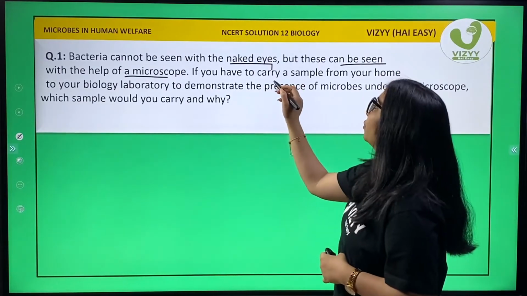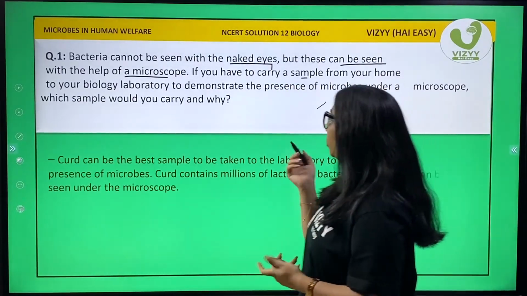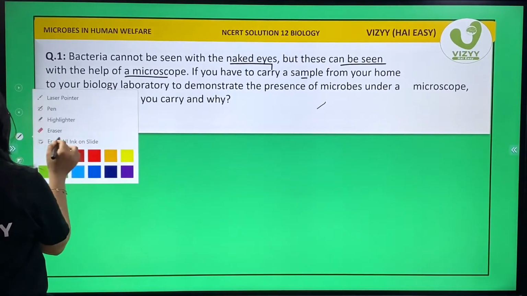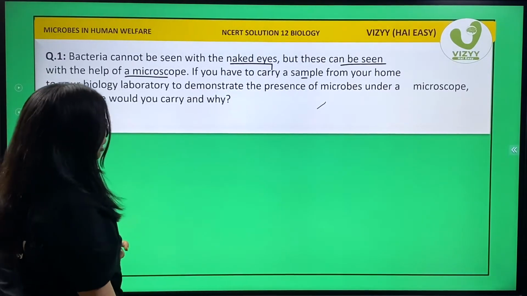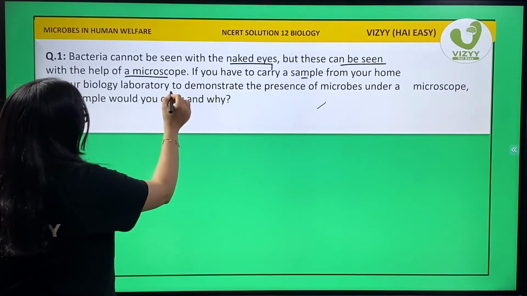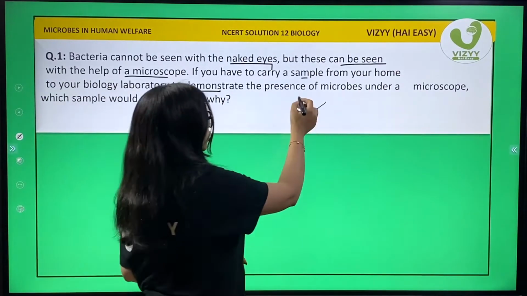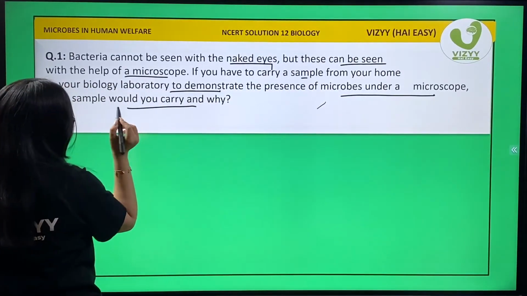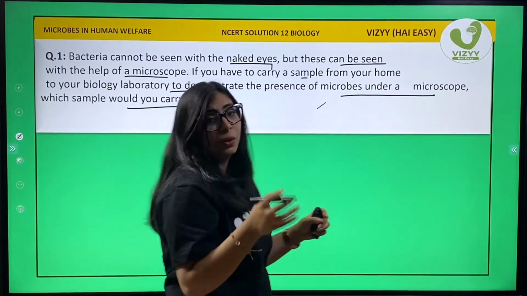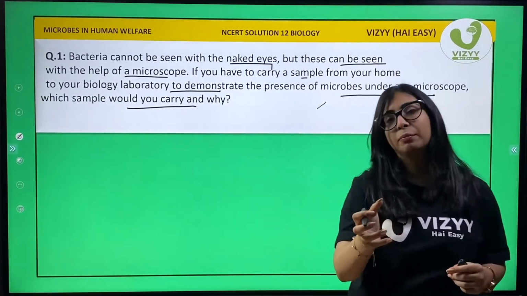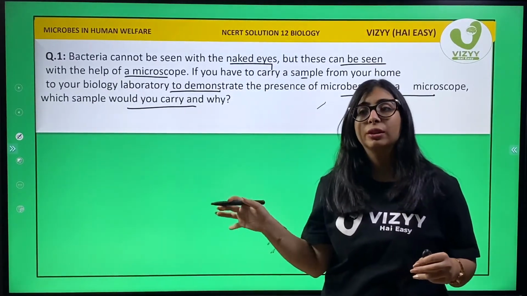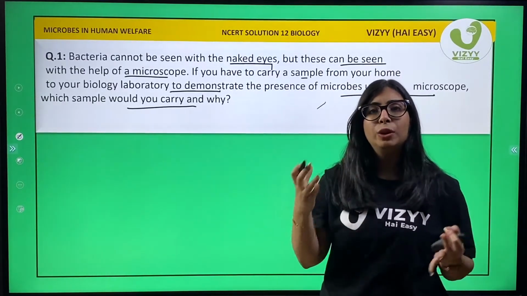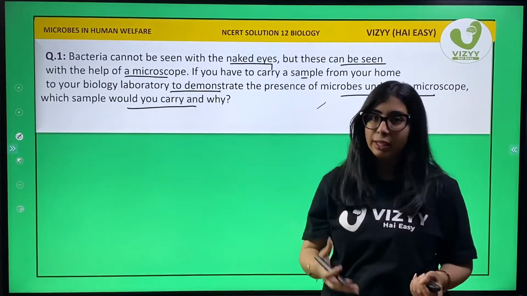If you have to carry a sample from your home to your biology lab to demonstrate the presence of microbes under a microscope, which sample would you carry and why? This can be anything, but you're supposed to write something which makes sense in terms of where you'll be able to see the most amount of microbes.